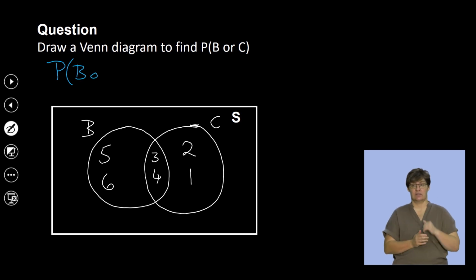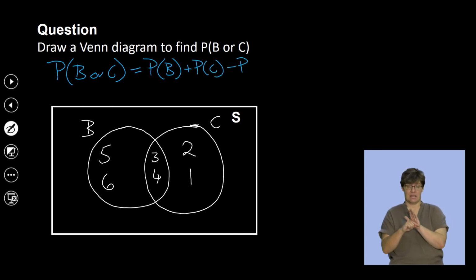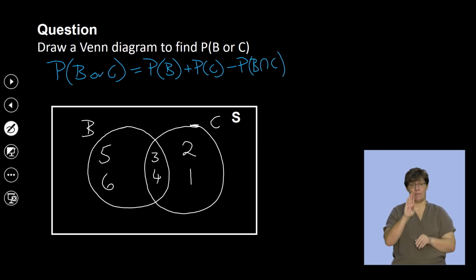And because they're not mutually exclusive, the probability of B or C is equal to the probability of B plus the probability of C minus the probability of the intersection of B and C. So if we have to do this calculation, we'd recognize the probability of B is going to be, there are 4 out of 6.